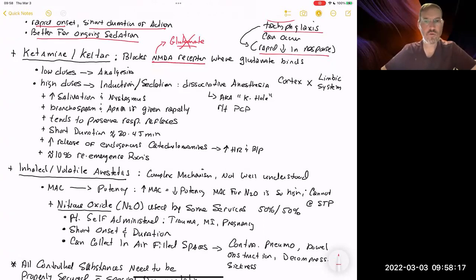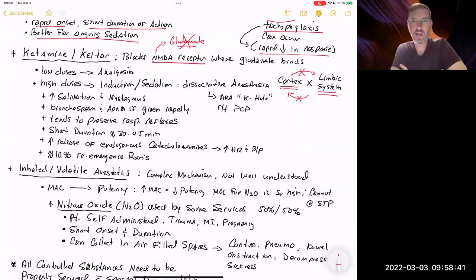And so you cause depression of the central nervous system that way. And essentially what it does is it separates the cerebral cortex from the limbic system. So the top part of the brain, which is the cerebral cortex, cannot communicate back and forth to the lower parts of the brain in the limbic system. It cuts that off.